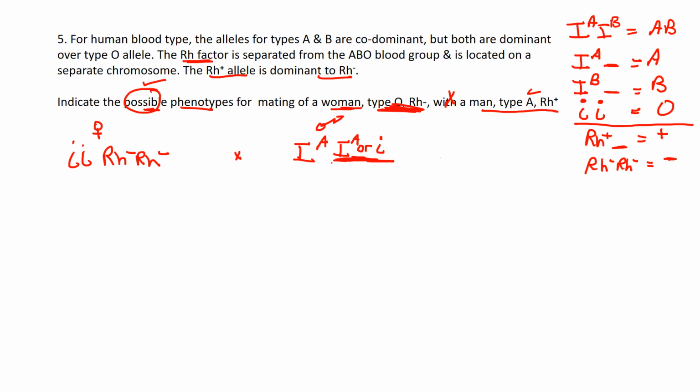He is either going to be homo A or hetero A. Now, he's also this for Rh. So he's Rh positive. So we know if he's Rh positive, he must have at least this. But his other allele, extend the line a little bit, we know he could be homo positive or he could be hetero positive.